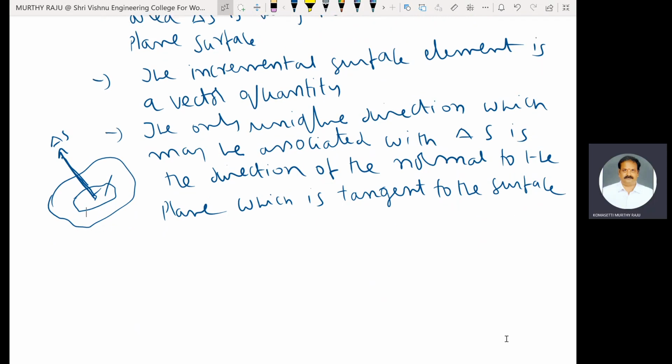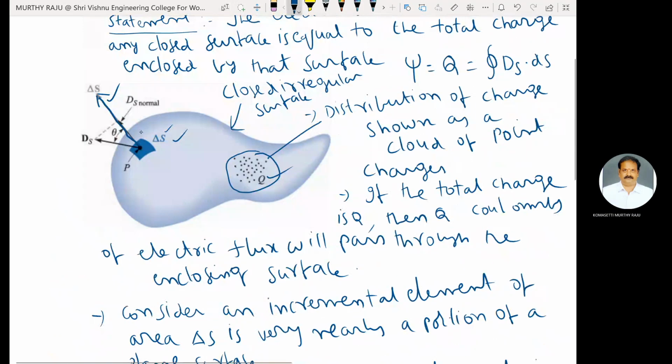This is the normal. dS is the direction of the normal to the plane which is tangent to the surface.